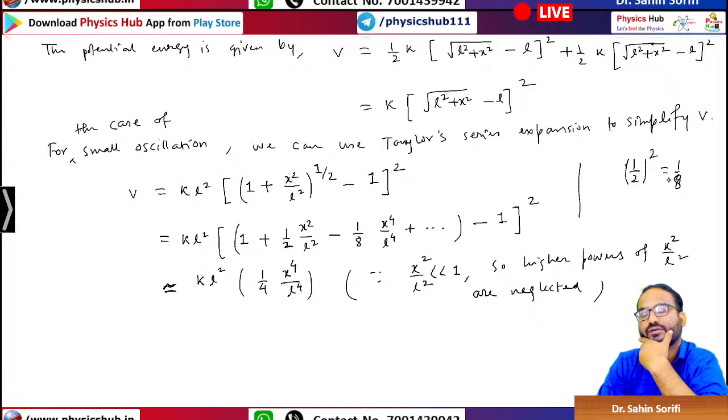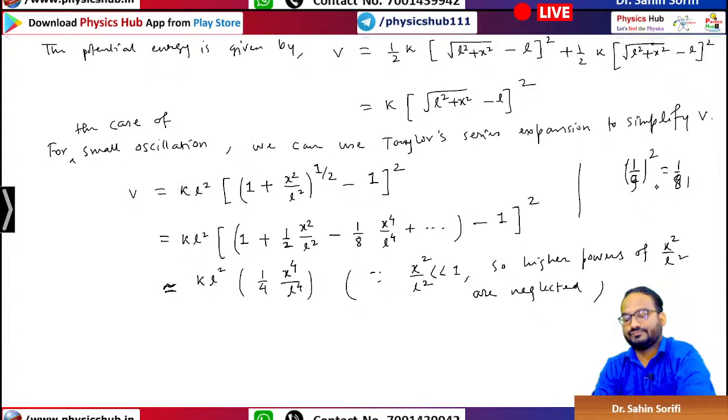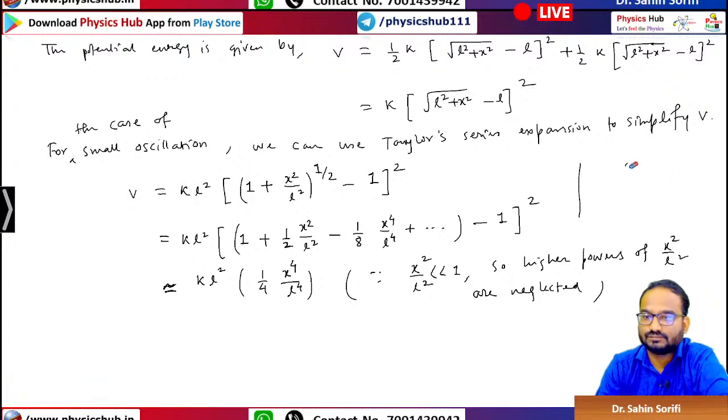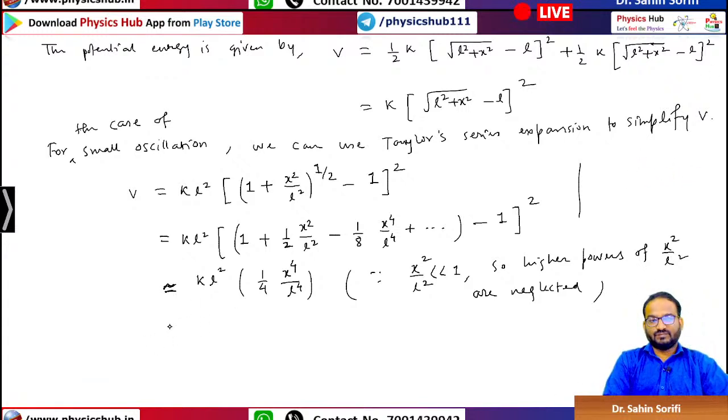So you can see it is changing drastically with higher powers. So if something is less than 1, its higher powers will be very much lesser than 1. So let's simplify a little bit.